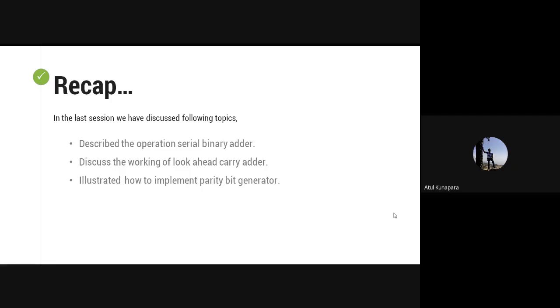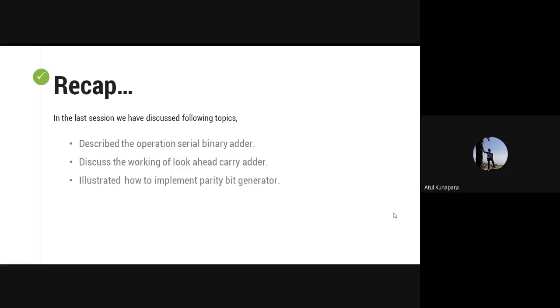We also discussed the look ahead carry adder, and we also saw how to implement a parity bit generator for error detecting code, so that based on the numbers we can add a parity bit to it. That part we discussed in the last session of chapter number 2.